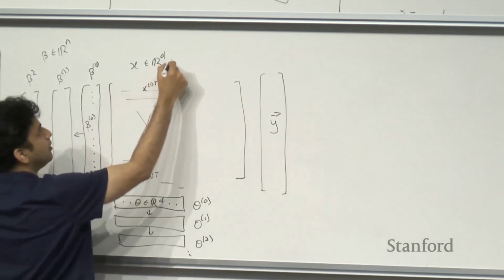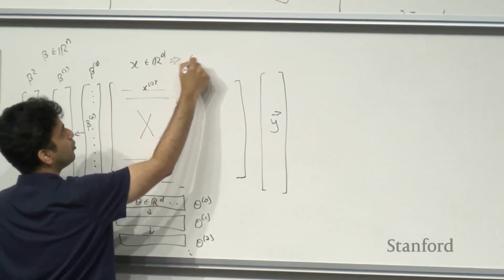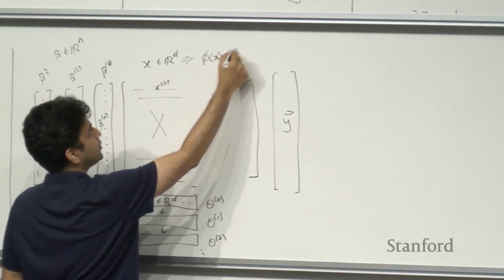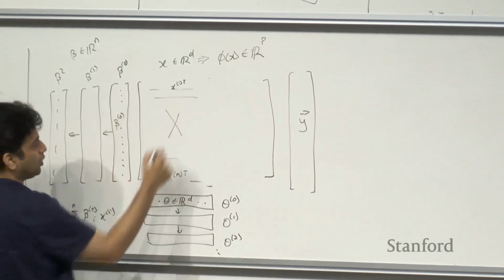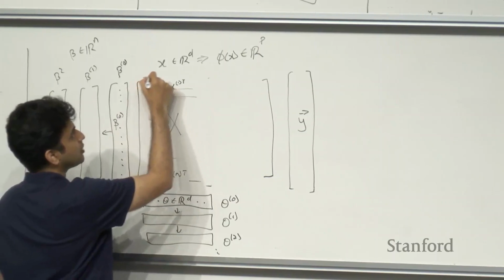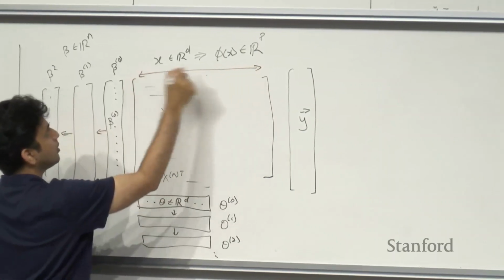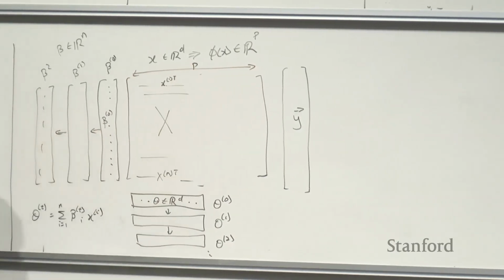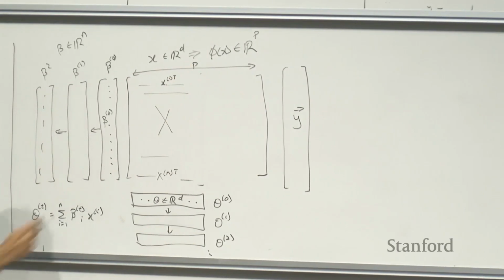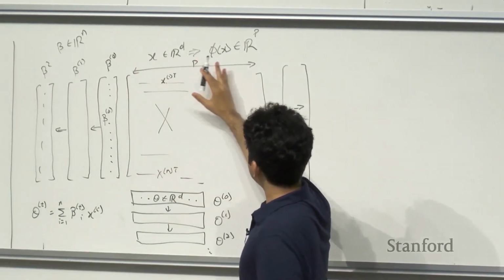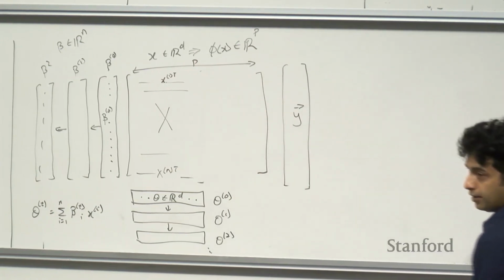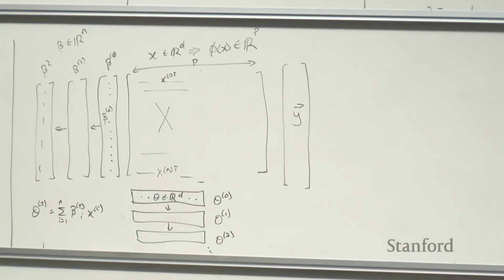So supposing we map this into phi of x, which is in R^p, right? And now what used to be a d-dimensional vector is now a p-dimensional vector, right? And we mapped x into some phi of x, and this phi of x could have been infinite dimensionally wide, right?